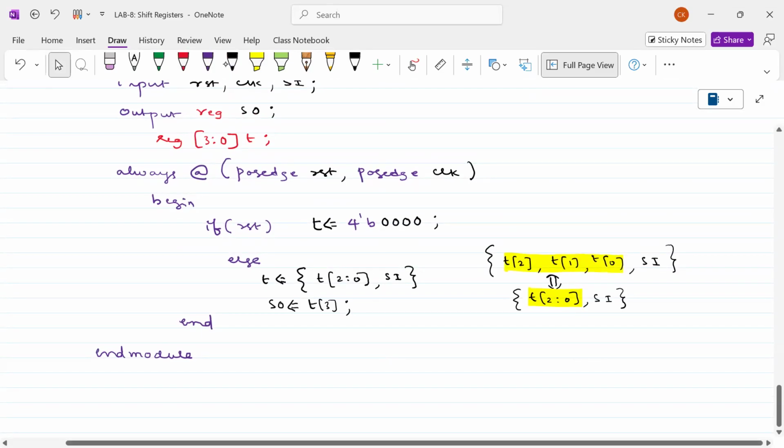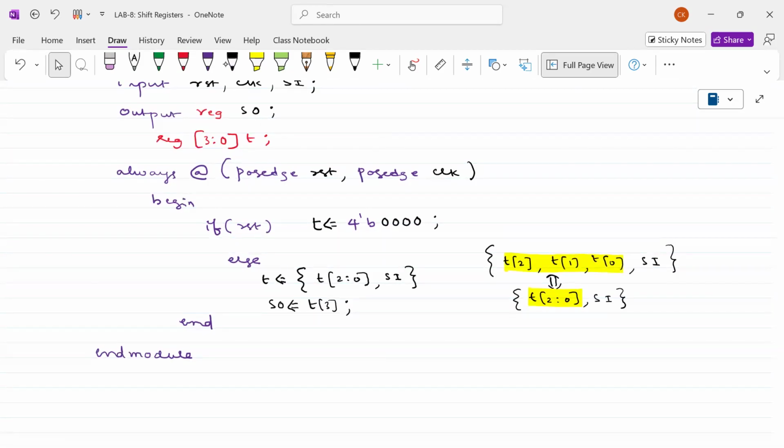It's a 4-bit data. That means whatever bit is left out, that I have actually.